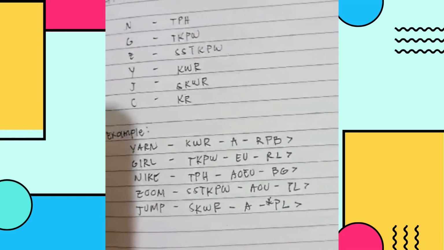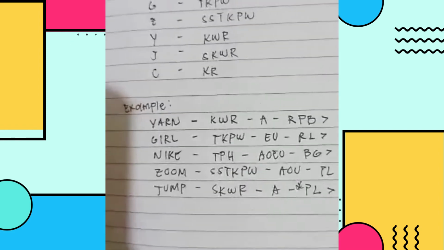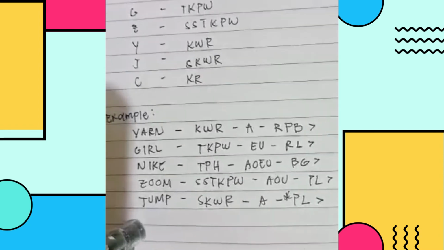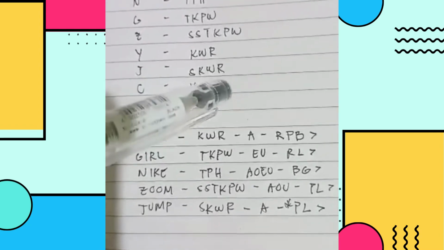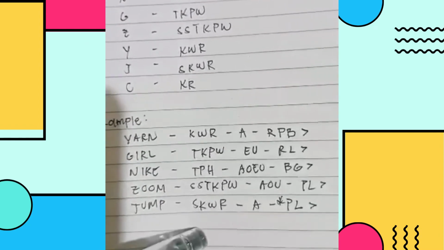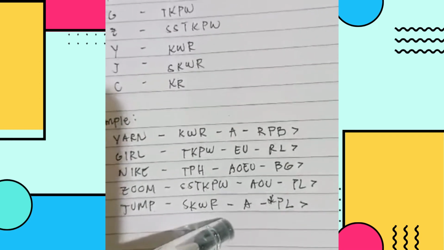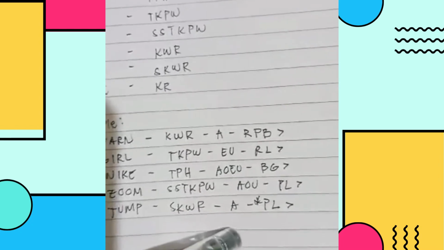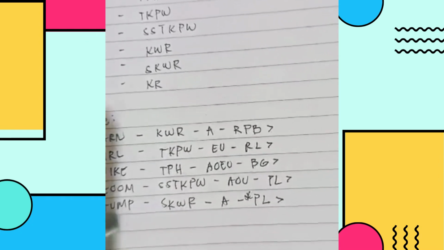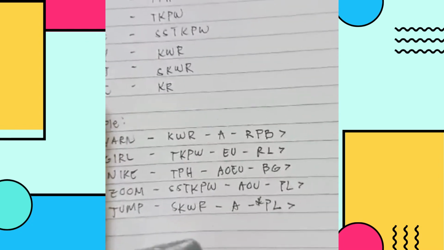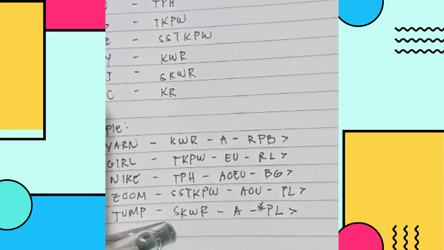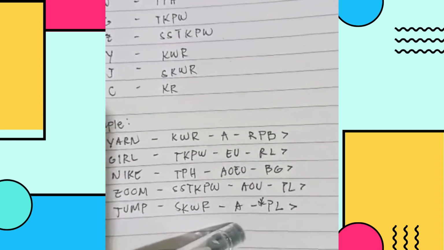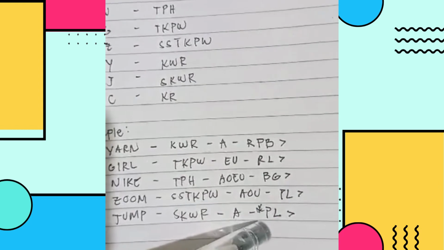Our last example is the word jump. The code of letter J is SKWR. Then you need to write here SKWR. Then the vowel of jump is letter A. Next is the MP. The code of the letters MP is asterisk PL.